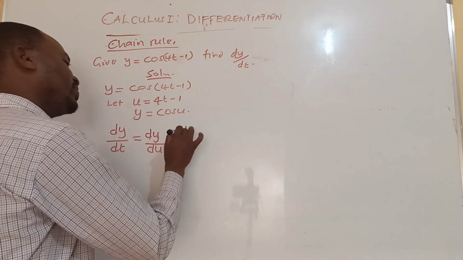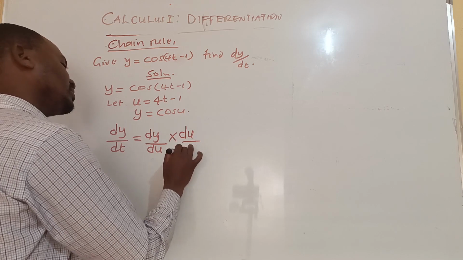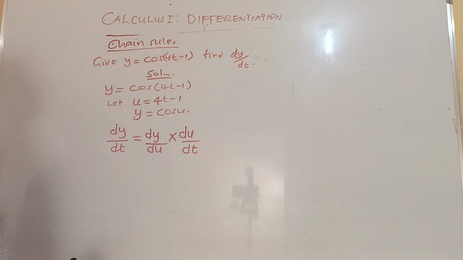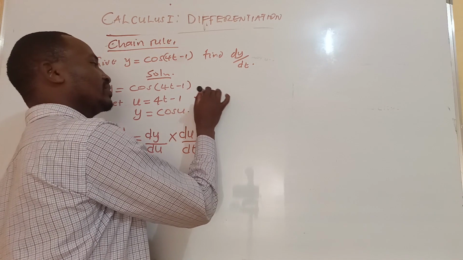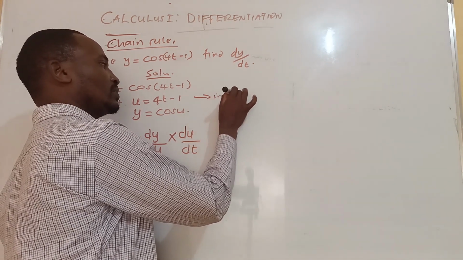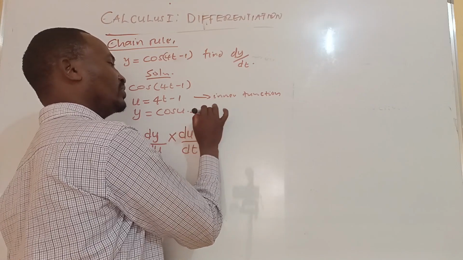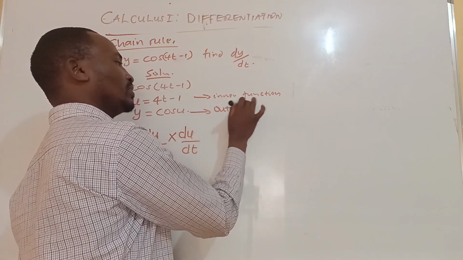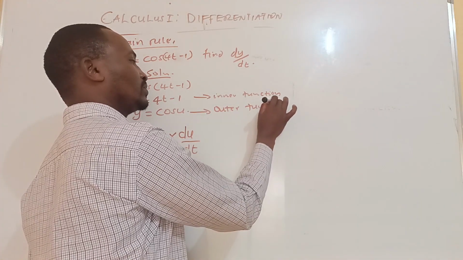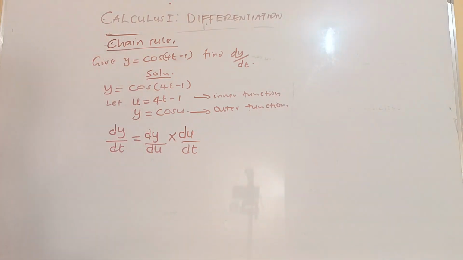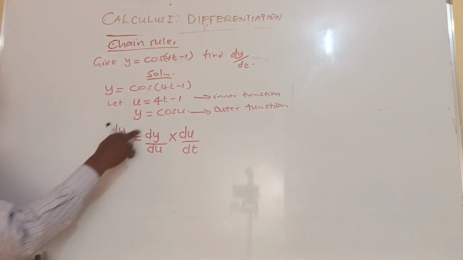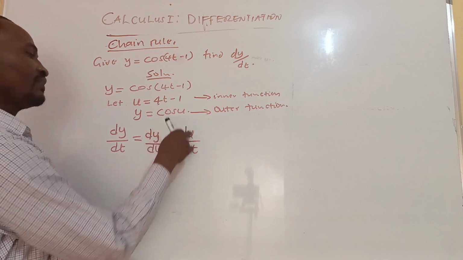So we have du dt. As we have said, this is our inner function, and this is the outer function. So we simply have dy dt is the derivative of the outer function times the derivative of the inner function.